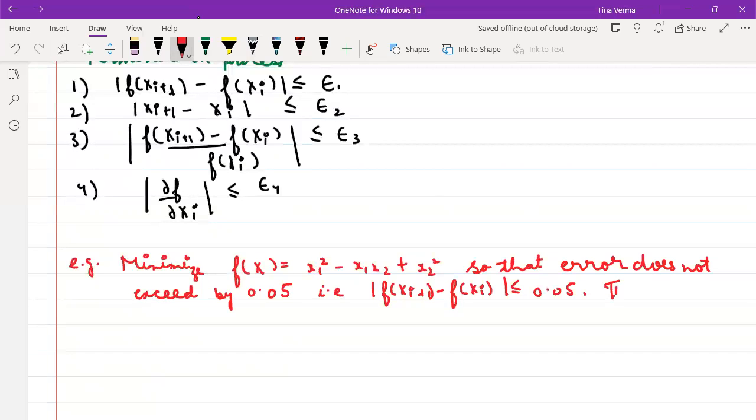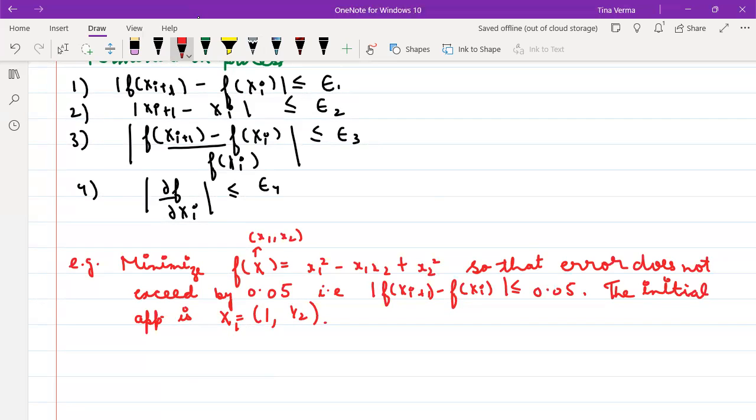And the initial approximation is x is equal to 1, half. So here x is nothing but x1, x2, because we have a function in 2 variables.